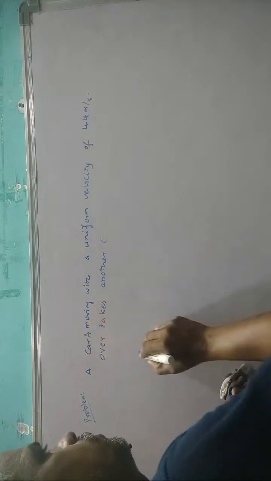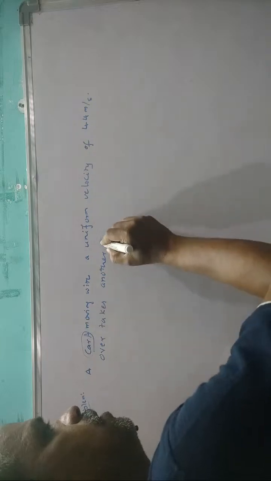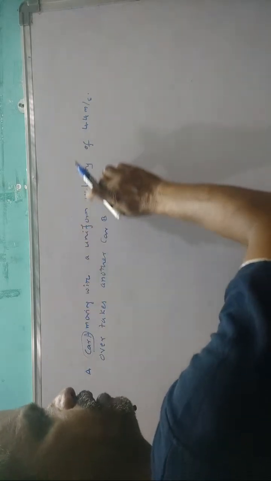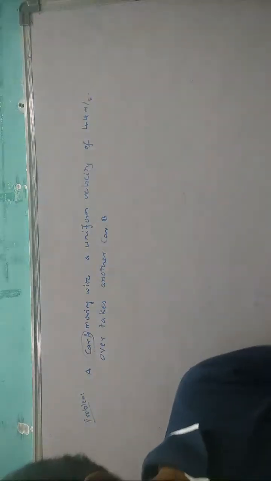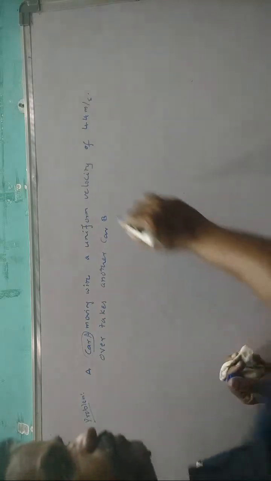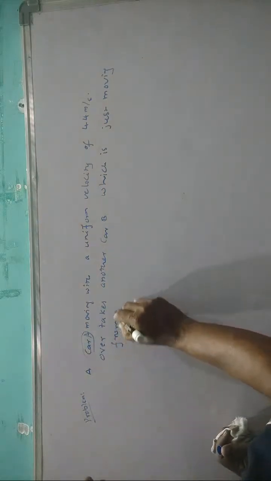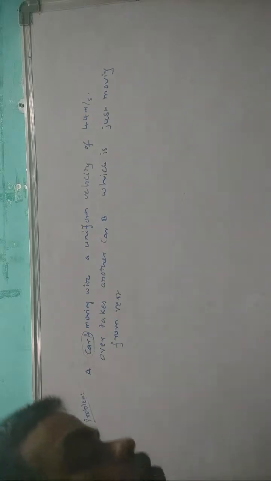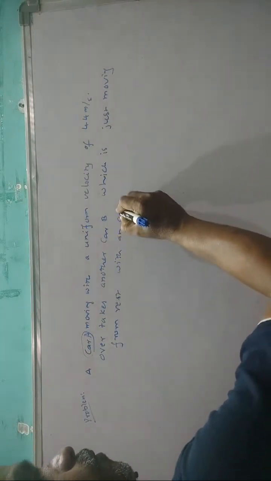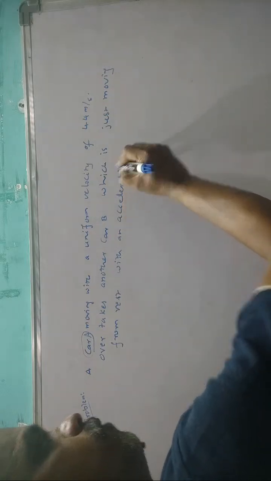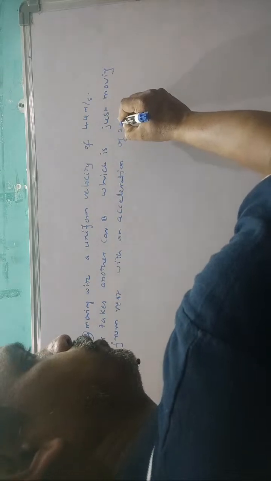Here car A, this is car A, another car B. A car moving with a uniform velocity 44 meters per second overtakes another car B, which is just moving from rest with an acceleration of 2 meter per second square.